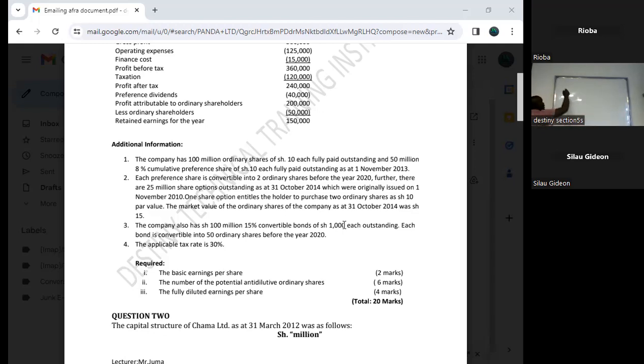Number of potential antidilutive ordinary shares. Andika hiyo ndio explainie vizuri. You'll understand.